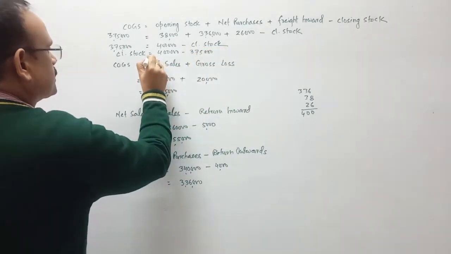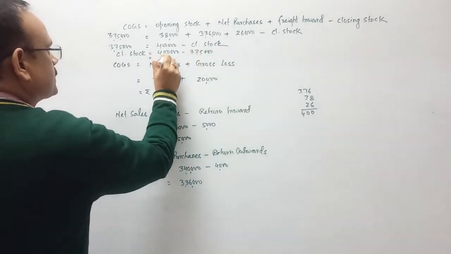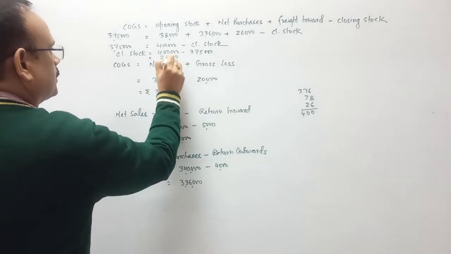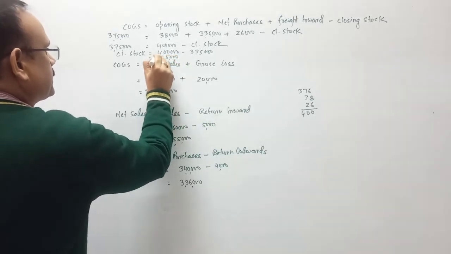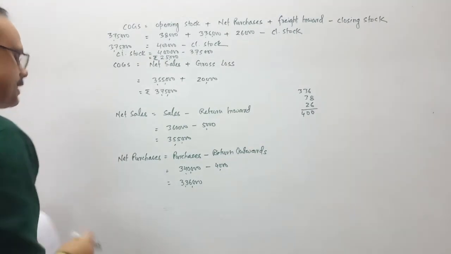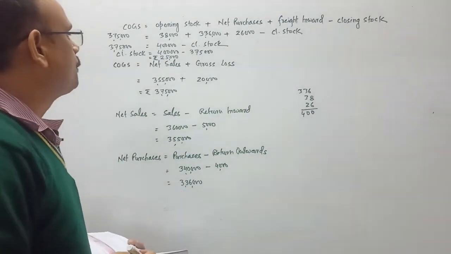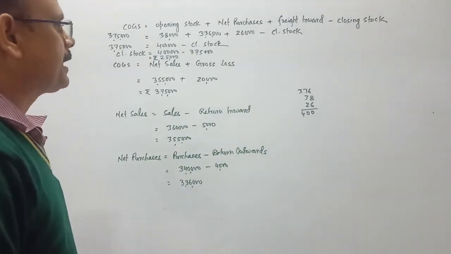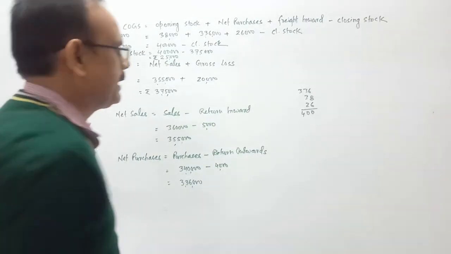So closing stock is how much? 25,000 is the closing stock. You express it in terms of rupees. Closing stock is 25,000. Is it clear?